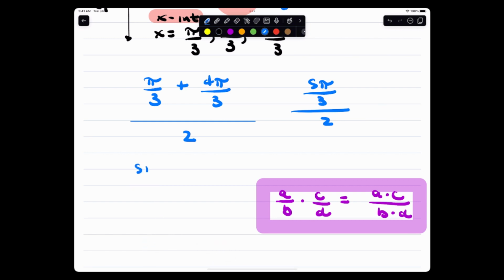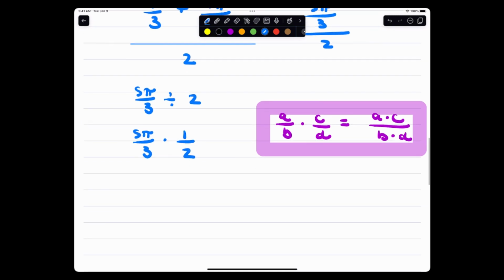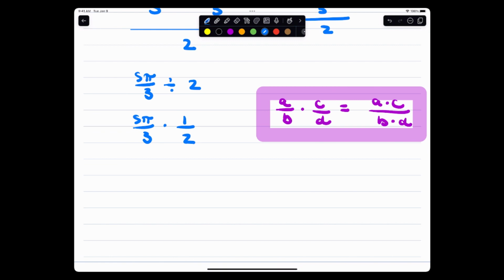Do you guys remember? If I'll do the horizontal because I'll forget. 5 pi over 3 times 1/2. I then use this algorithm again. That's why I kept it there, right? Multiply, and then what? Multiply. 5 pi over what? 6.